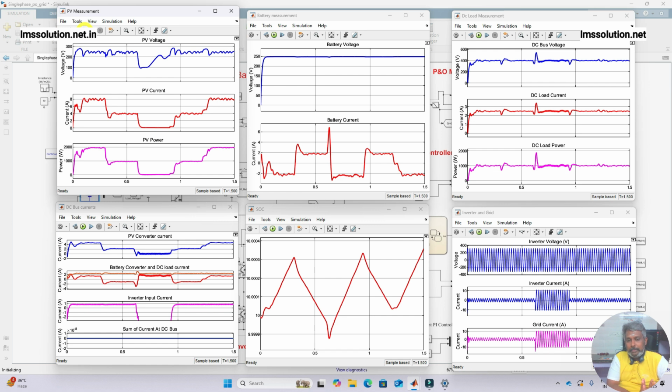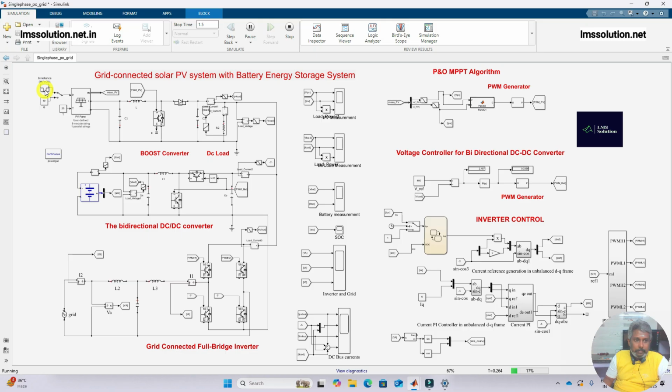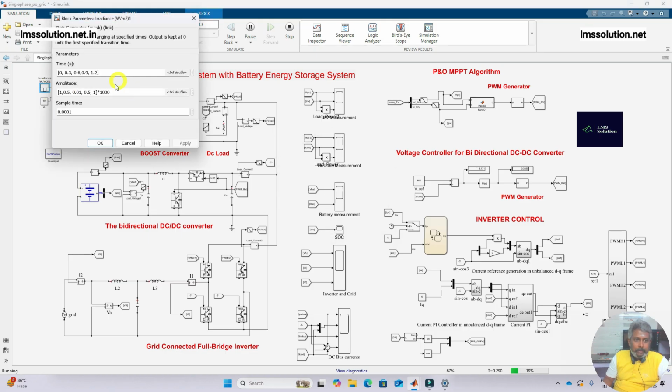So now we are fixing the initial SOC of the battery at 50 percent. What will happen in the system, I'm going to explain now. Also, I need to provide another thing. Here you see that we are varying the irradiation every 0.3 seconds: 0, 0.3 seconds, 0.6, 0.9 and 1.2.